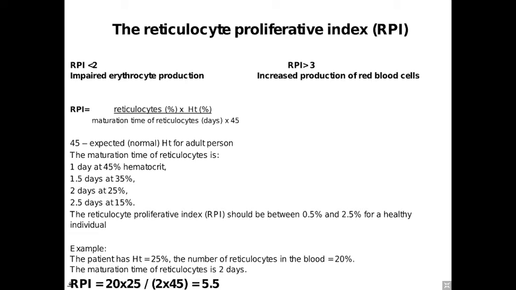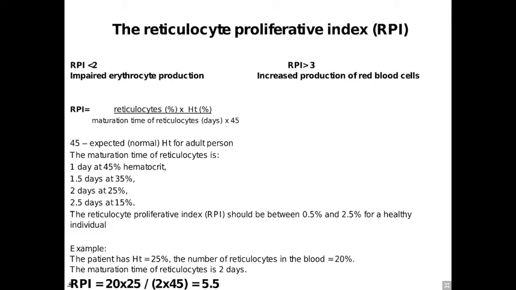So, for example, when the hematocrit is very low, for example, 25%, it will take 2 days for the immature reticulocyte to get mature. And this maturation time must always be considered, because we should not make any conclusion based on the immature reticulocytes. We must consider only mature forms.